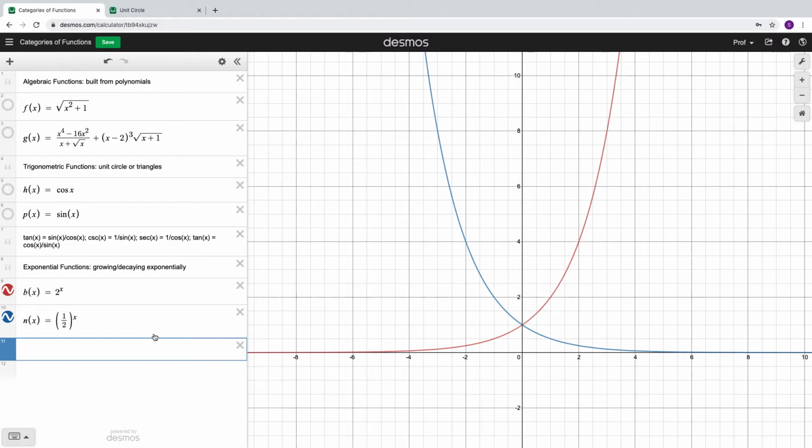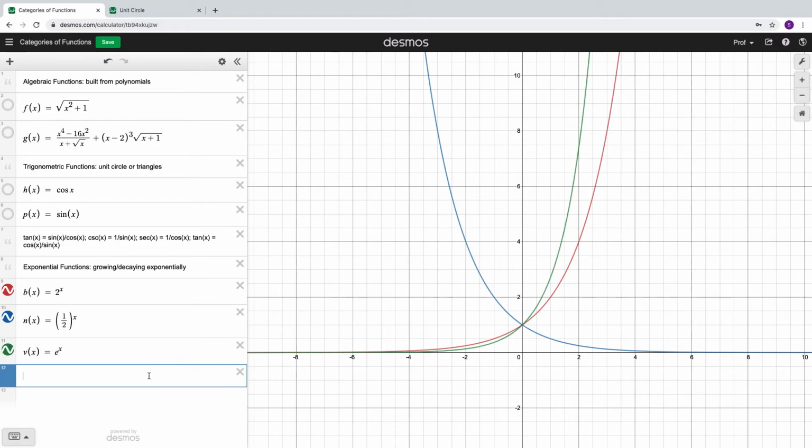So I'm running out of letters here. And if we look at what e is, it's a number, 2.71828, and so forth. It's an irrational number. Okay, just a little bit bigger than 2, close to 3. So when my base is e, that is still an exponential function, and e is a number. Very, very important.